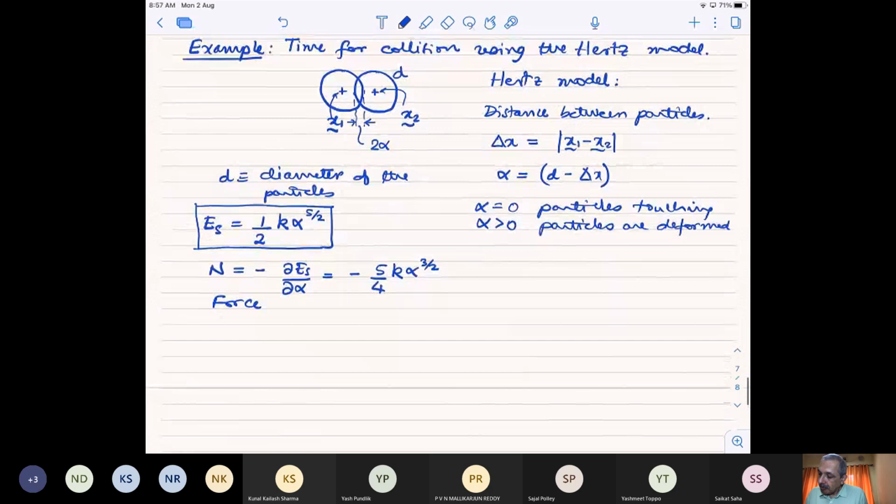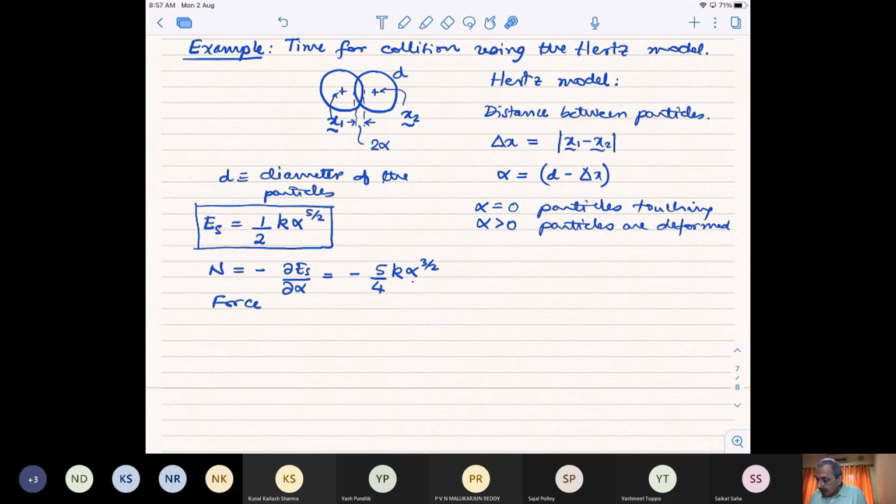Now what we want to calculate is that we imagine two particles approaching each other with an equal velocity v but opposite. Then they touch, and they deform, and as the deformation goes on increasing, as alpha goes on increasing, the force magnitude goes on increasing.